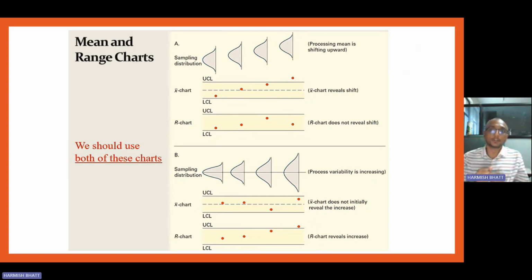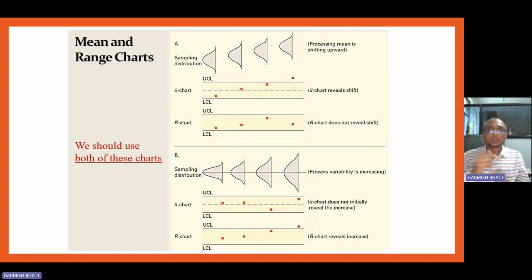So for that purpose, we should not focus on only one chart. Instead of focusing on only one chart, we should prepare both of the charts. And if both of the charts give us the suggestion that the process is under control, then and then only we can conclude finally that the process is under control.